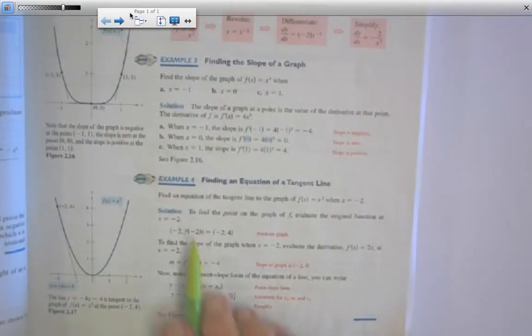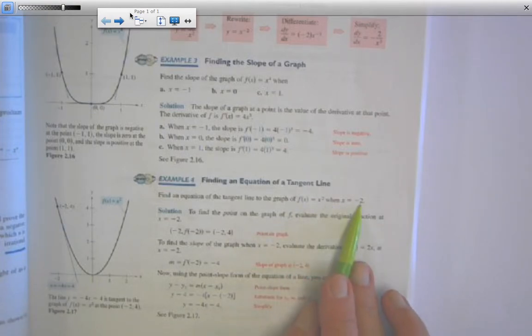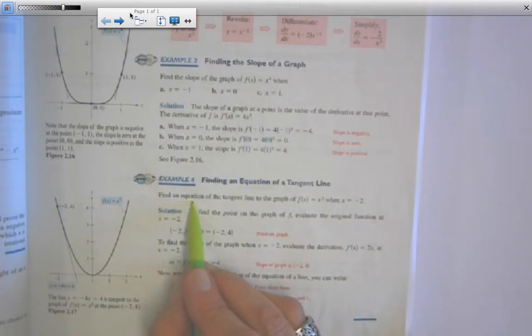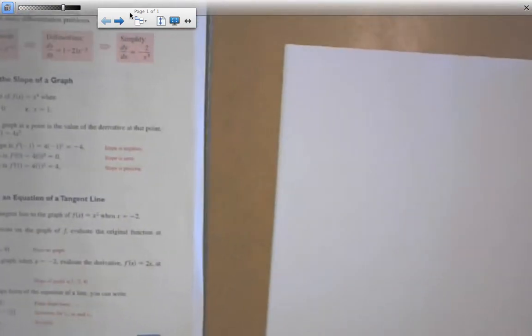All right, let's go back to your book. Let's look at example 4. Find the equation of the tangent line to the graph of f of x equals x squared when x equals negative 2. So you've got to remember, what do you need to find the equation of a line?